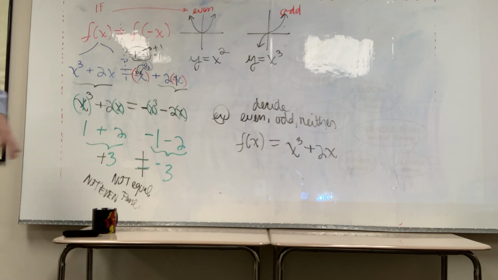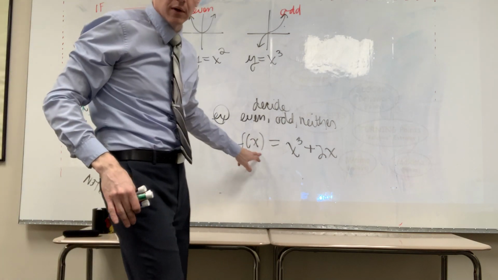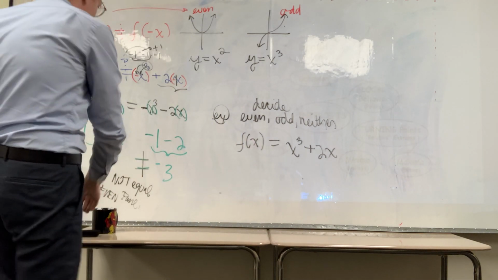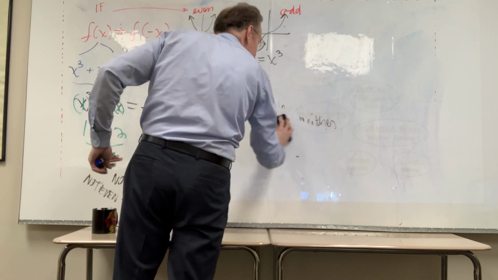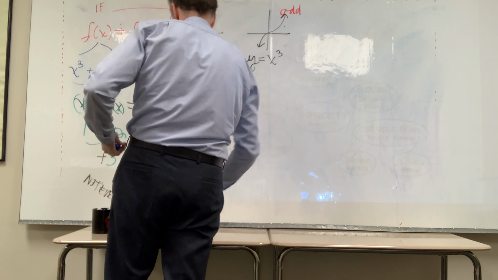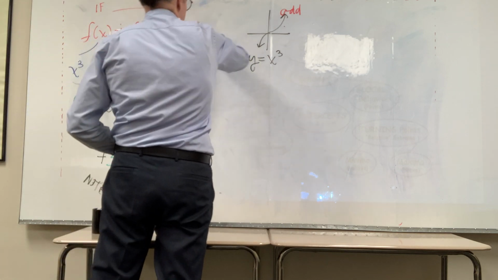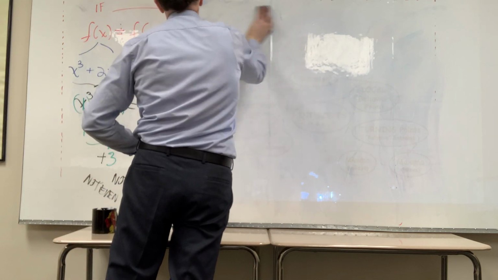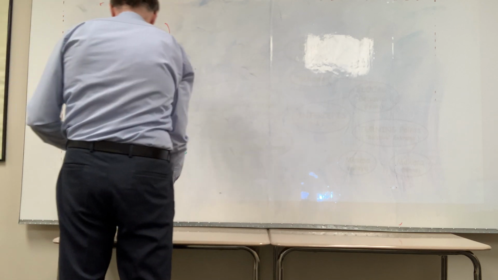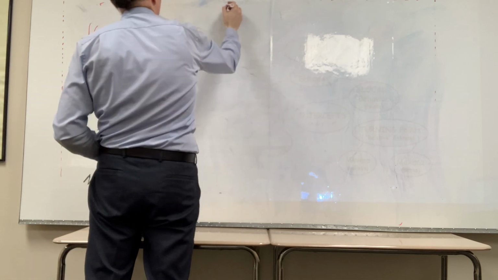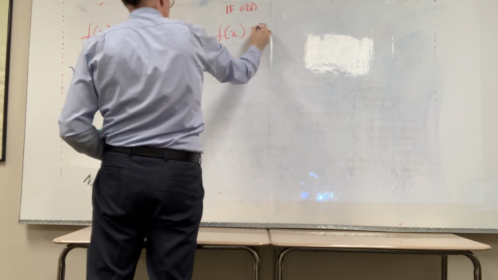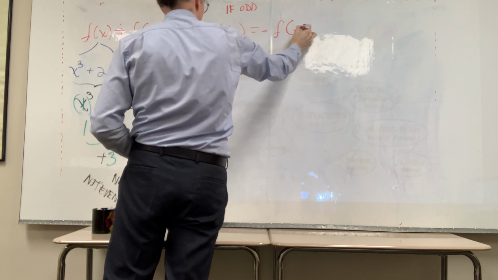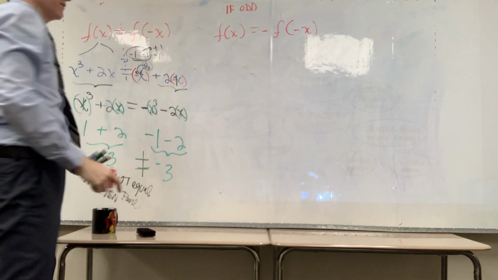Okay. You can save yourself a little bit of trouble. Just for the sake of space, I'll get rid of this, and these. If something is odd, then this is the situation: the function would be equal if there is this extra negative outside of it.